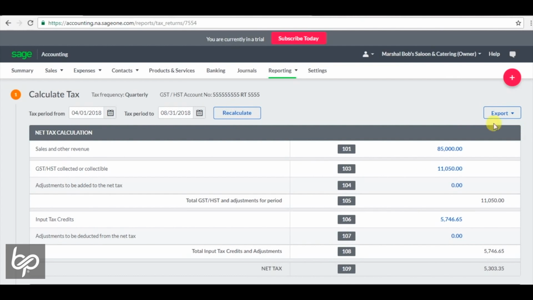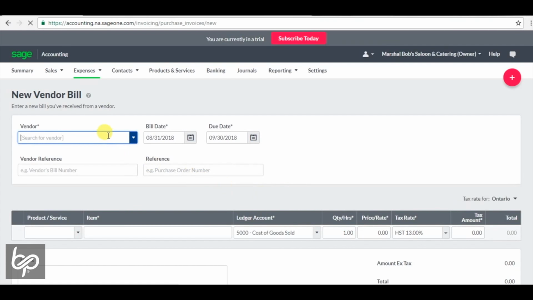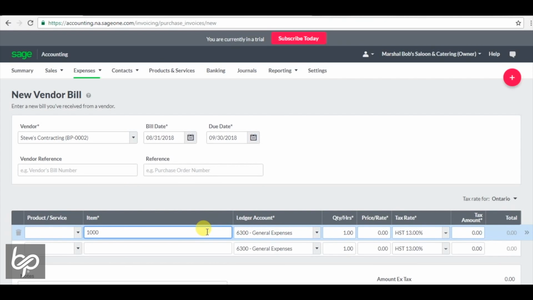But then let's say in that same period you have an additional bill. Conveniently enough, it is going to also be for $1,000. It's also going to be in trade. So it's going to be $1,000 in trade.